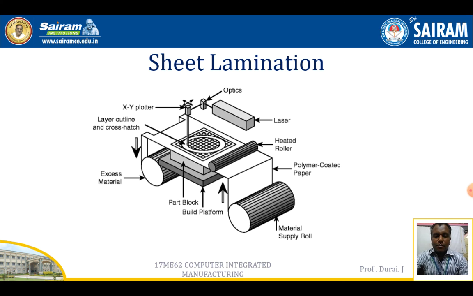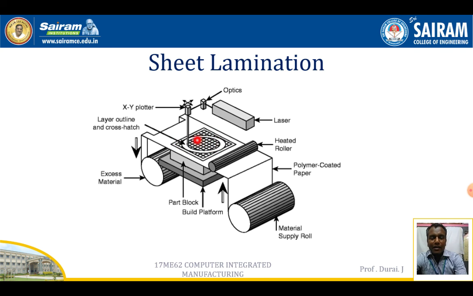Okay, so next we are going to discuss the process steps. In the process steps, first, the sheets are pulled from the spool and placed above the build material. After placing the material, the laser is passed over it, and the cutting process takes place.